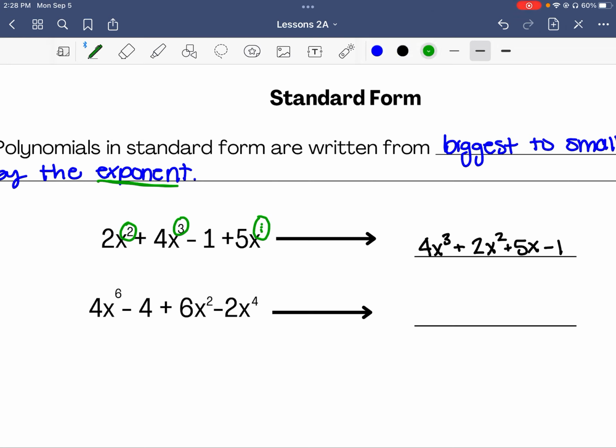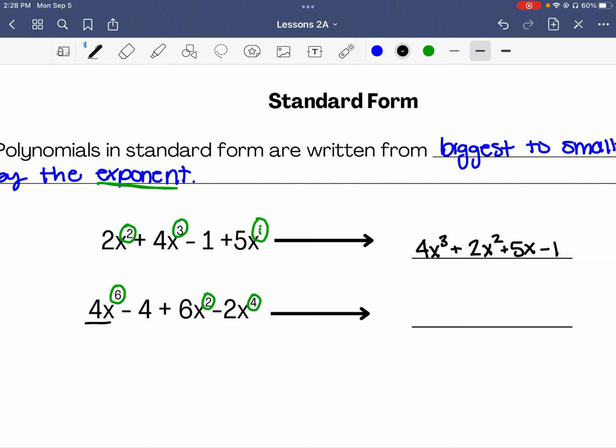Now let's go ahead and try the second one. Our exponent for our 4x is 6. This 4 has no exponent, it's missing. The 6 over here has a 2, and then the 2x to the 4th. So the biggest one we have is this one right here, because it has an exponent of 6.